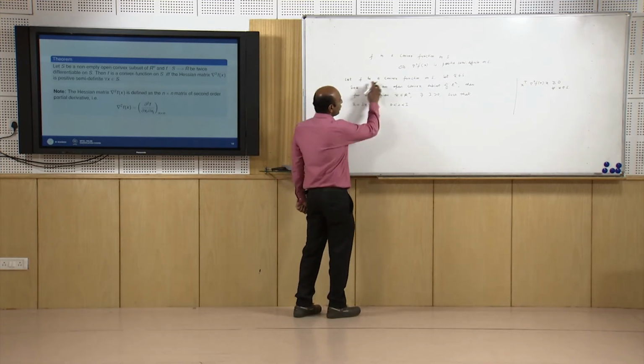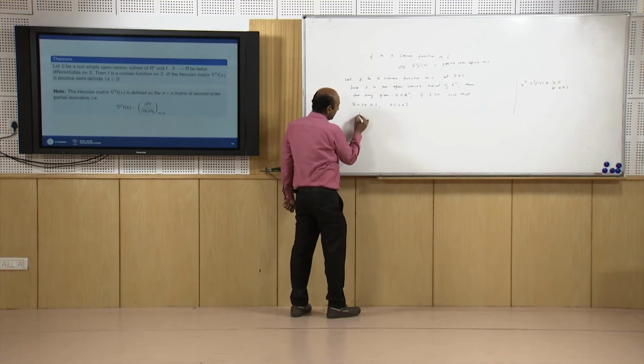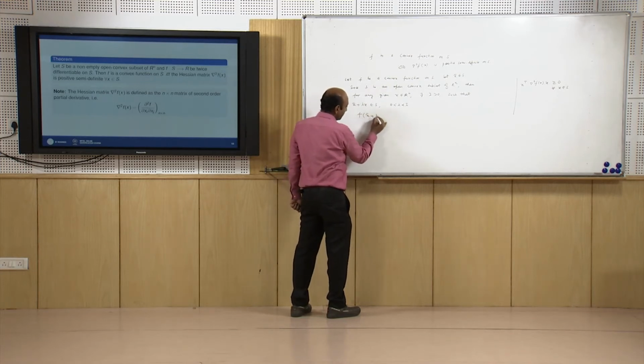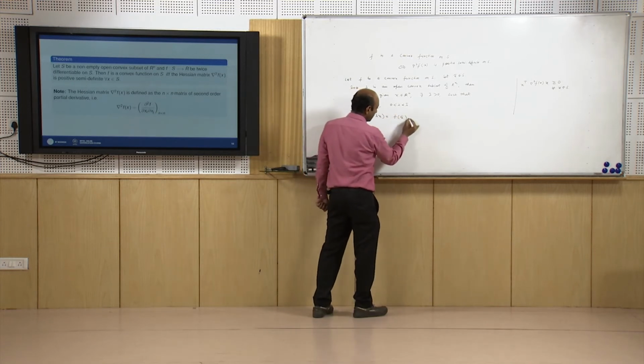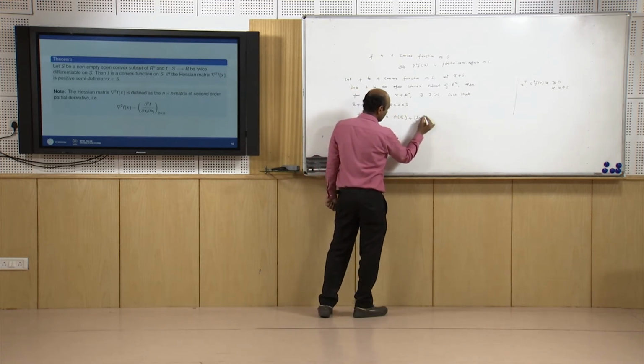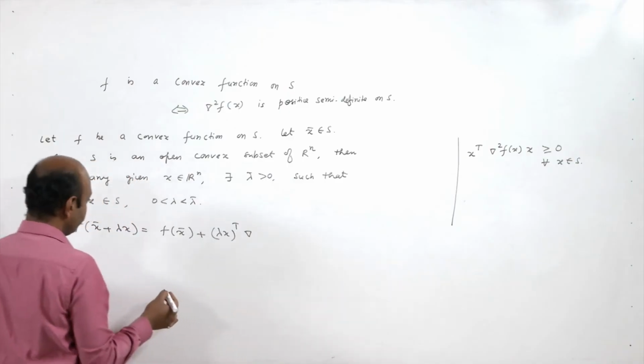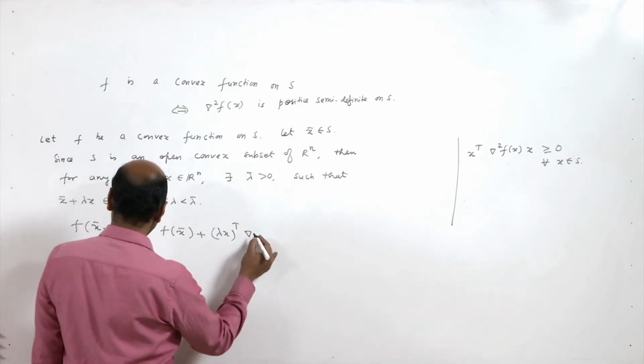Now, since f is a convex function, we know that f of x bar plus lambda x will be greater than or equal to f of x bar plus lambda x transpose gradient of f x bar.